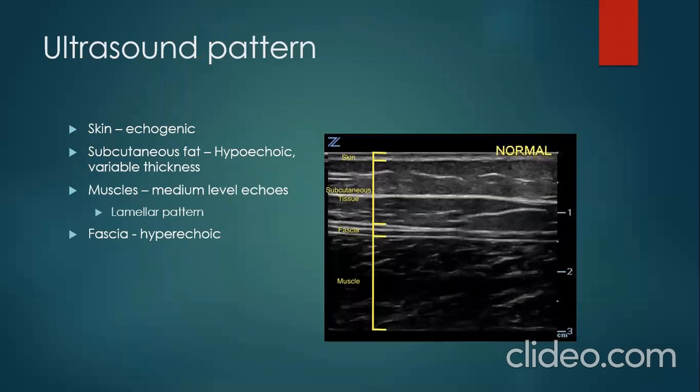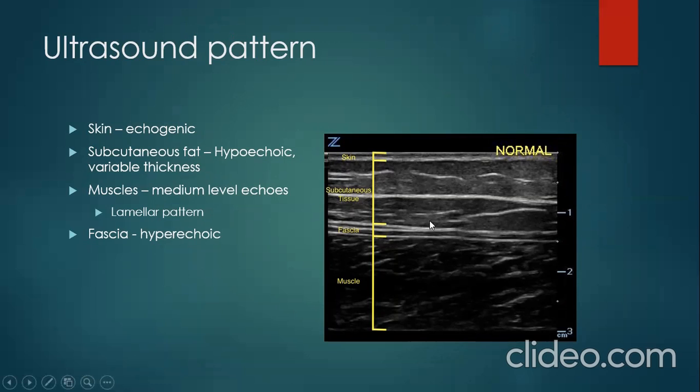First of all, we need to appreciate the normal anatomy first, so that we'll be able to identify the abnormality. So this is just the ultrasound pattern of the normal superficial structures. We have our skin, which is echogenic, this layer. We also have our subcutaneous layer.